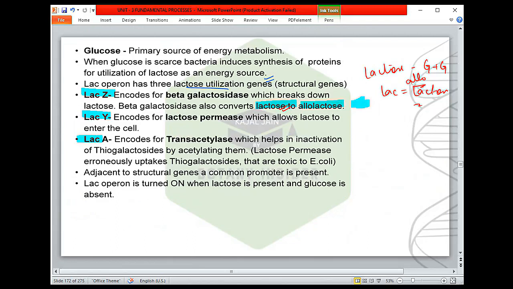Then LAC Y encodes for the lactose permease, which allows the lactose to enter the cell. And then LAC A encodes for the transacetylase, which helps in the activation of thiogalactosidase. Okay, adjacent to the structural genes, a common promoter is present. Lac operon is turned on when the lactose is present and the glucose is absent. Remember this particular condition: lactose should be present and glucose should be absent for the initiation of this work.